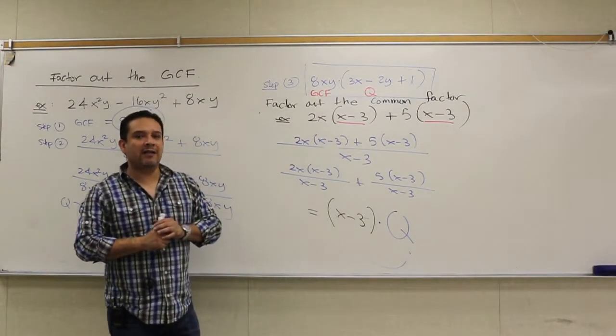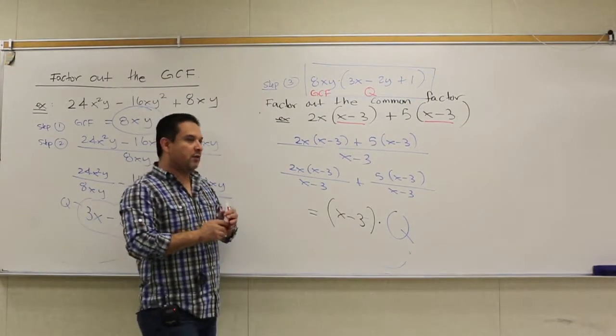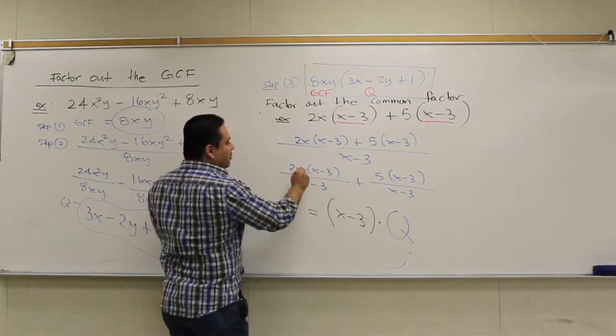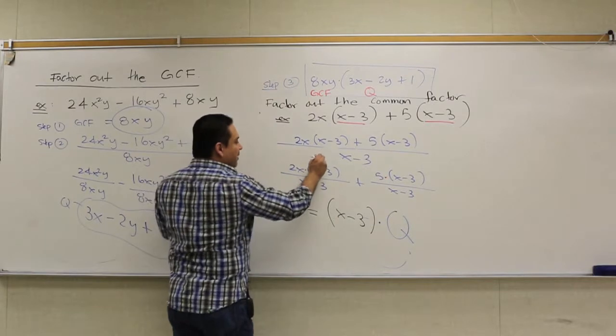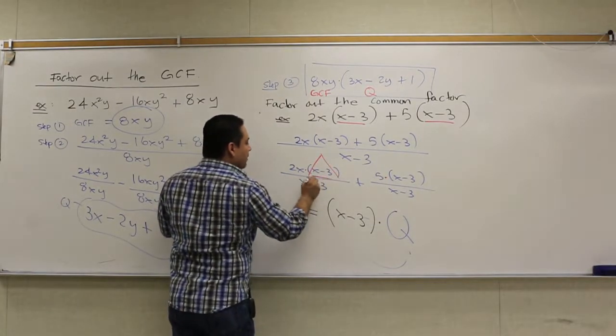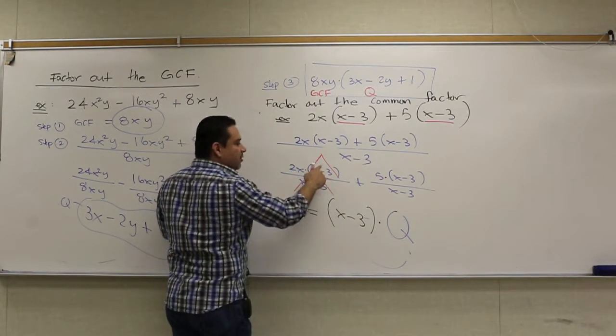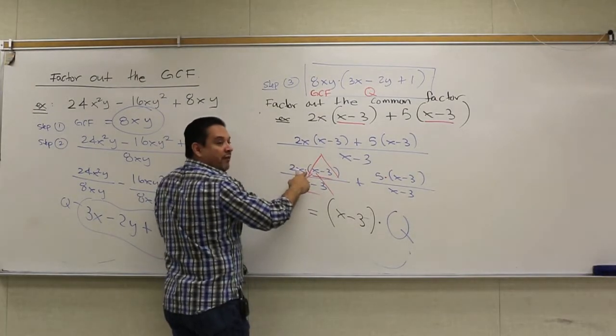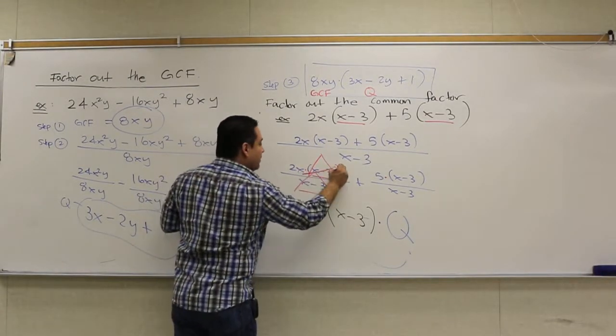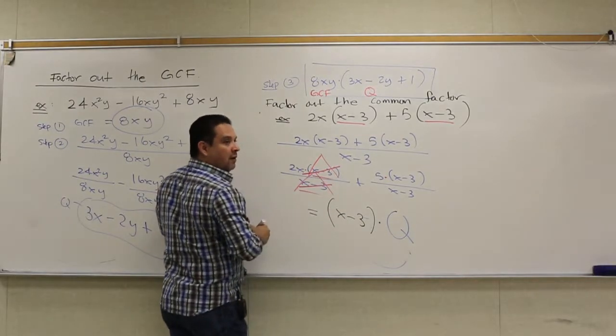Do you guys see anything here? Go back and think of your cancellation property. Don't I have the same term, top and bottom? Aren't I multiplying here? So what am I free to do? Cancel the x minus 3.